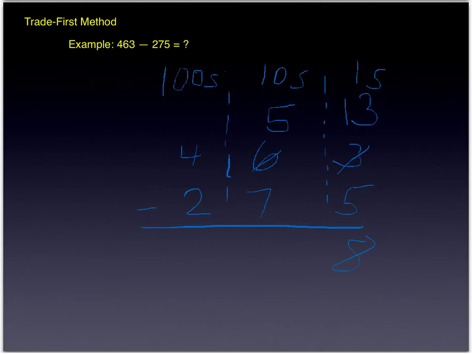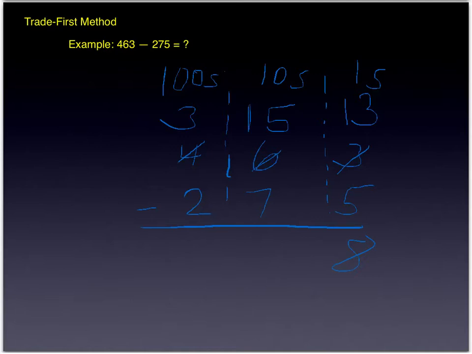Okay, now we're kind of stuck again in the tens column. We have 5 tens minus 7 tens equals something. Well, we can't do that, so we need to borrow from our hundreds, and we change the 4 to a 3. And the 5 now becomes 15, since we add 100 to the tens column.